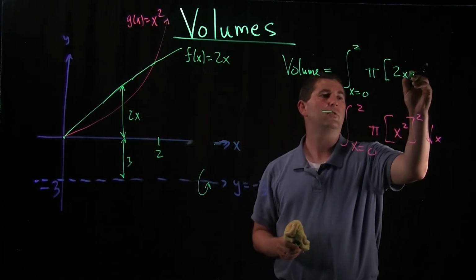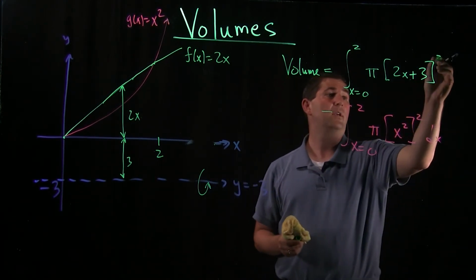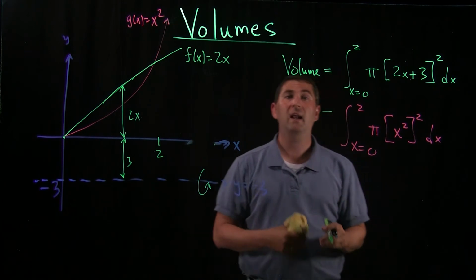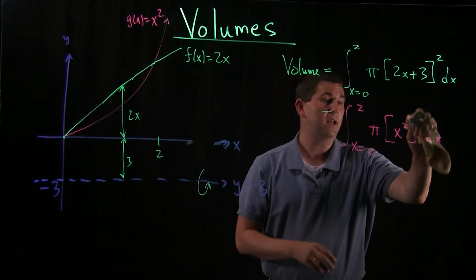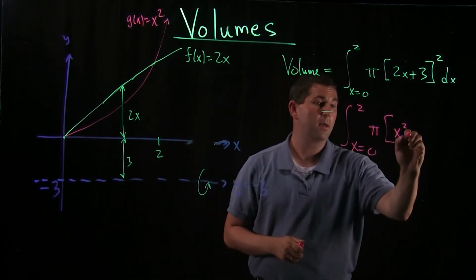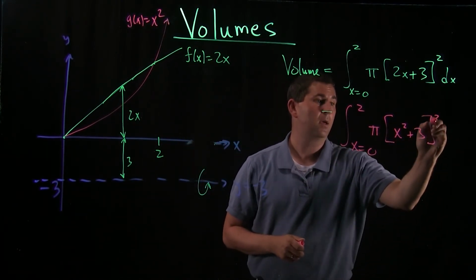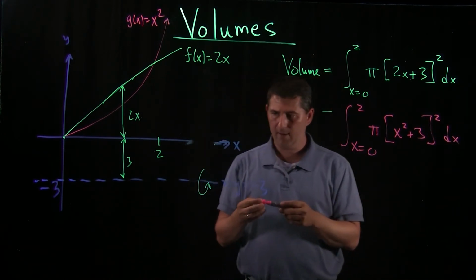And so I could put here 2x plus 3, and of course I still need to square it, dx, and I need to adjust g of x in the same way. So instead of x squared squared, I'll have x squared plus 3 quantity squared. Okay, so that's not so bad.